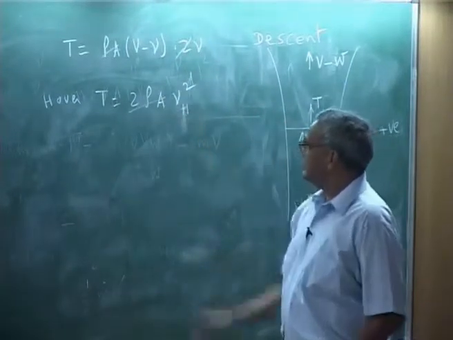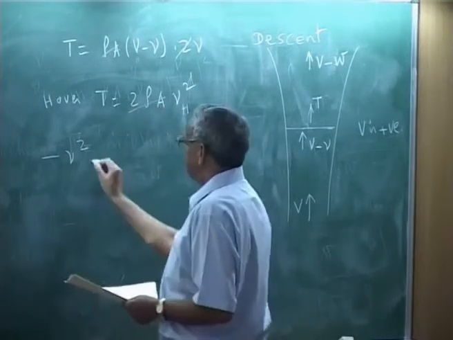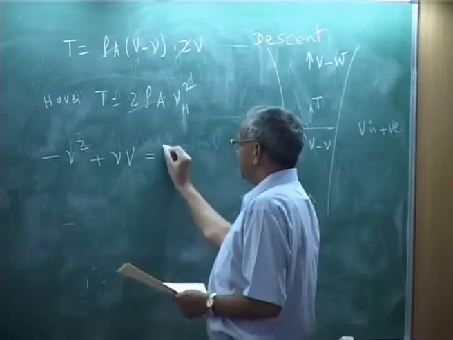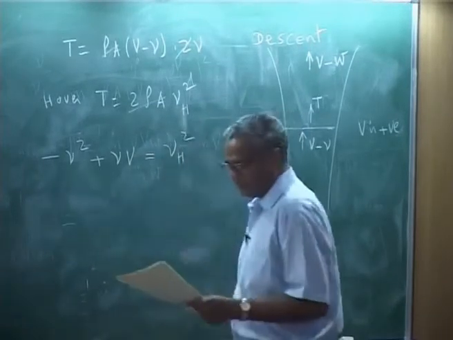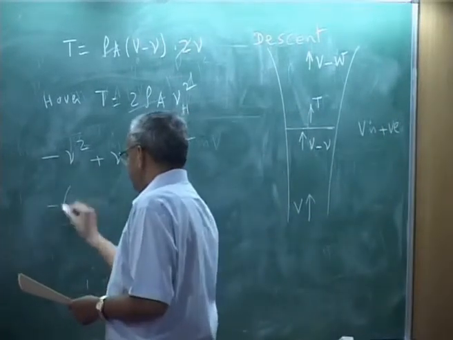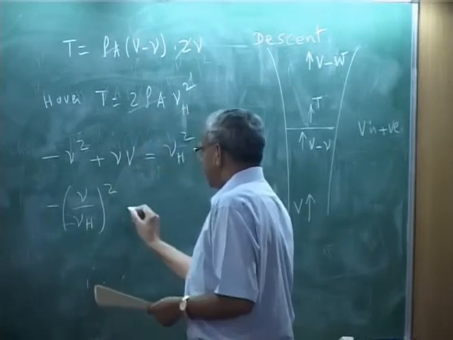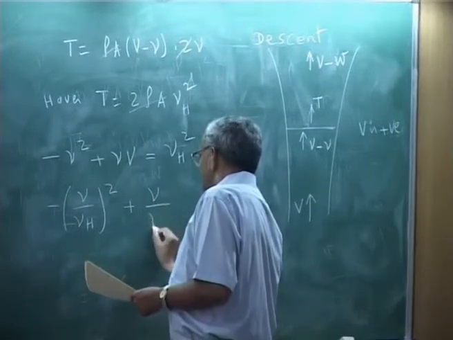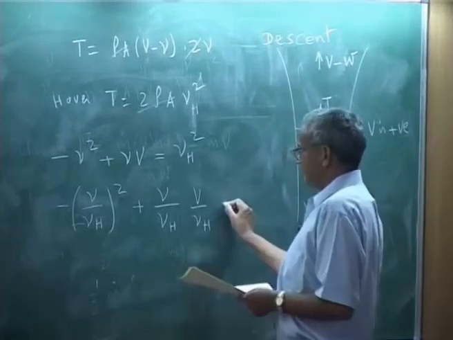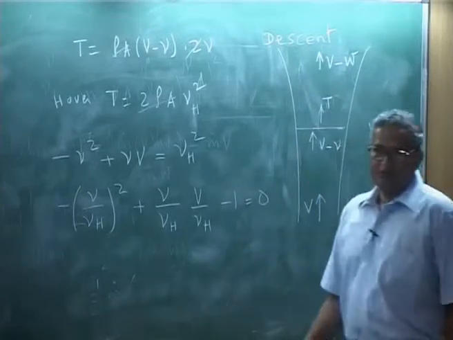So, you will get minus nu square plus nu V equals, so you divide everything, you will get minus of nu over nu H whole square plus nu over nu H times V over nu H, okay.